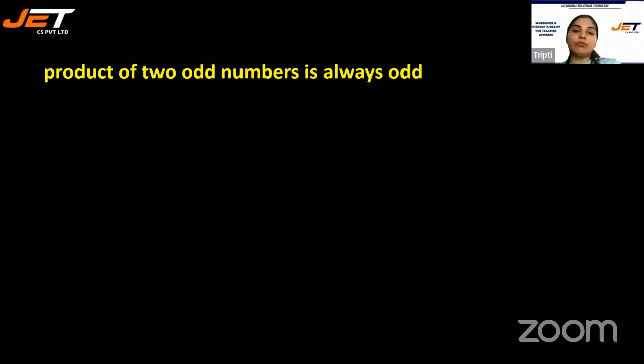Product of two odd numbers: if you are multiplying any two odd numbers, the product is always odd. Odd times odd will give you odd.